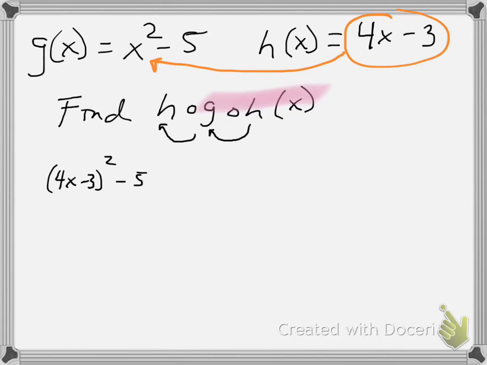All right. So we're going to have to FOIL that. 4x minus 3 squared is 4x minus 3 times 4x minus 3. You don't just square both of them. You've never been taught that. You always just make that up. So we have 4x minus 3 times 4x minus 3.